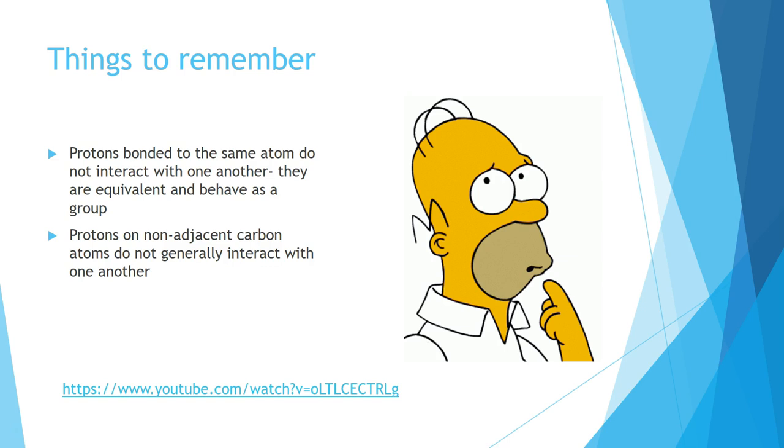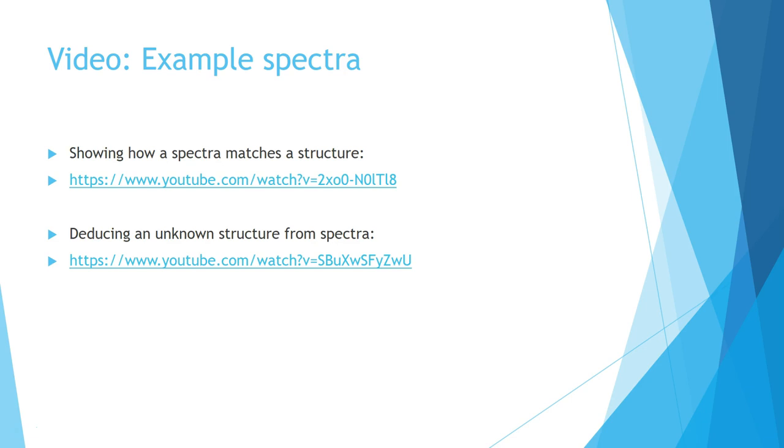Non-adjacent carbons don't generally interact, so things more than 3 bonds away don't tend to interact with each other. And if you have a carbonyl across the group, they won't tend to couple across that either. So we're only looking at the ones right next door when we're looking at our splitting.